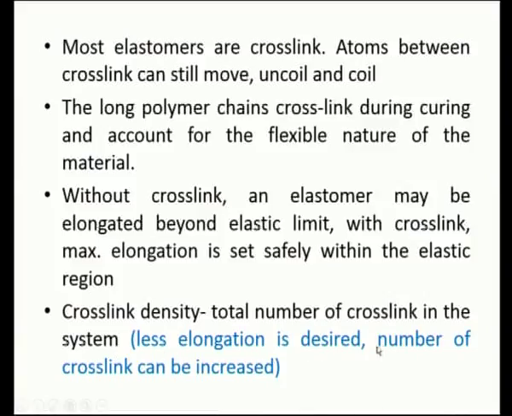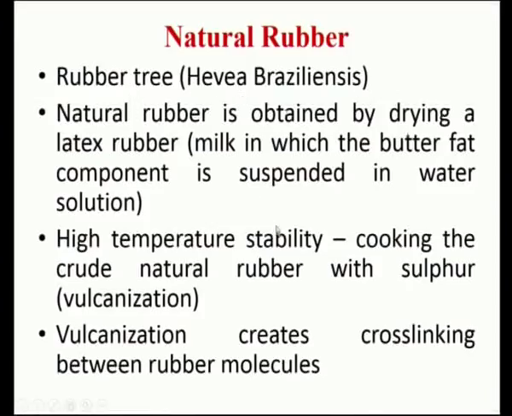If less elongation is desired, the number of cross links can be increased. So, if you need the material to be less flexible, you can keep on adding more cross linking. If you increase cross linking to the maximum, the flexibility will be less and that material may not be as flexible as an elastomer.